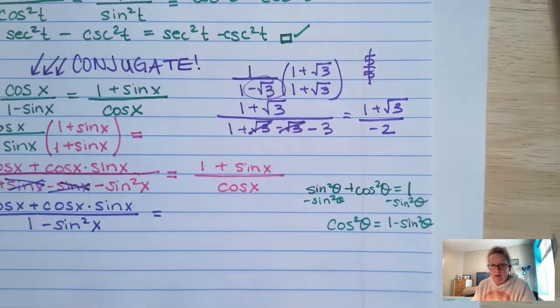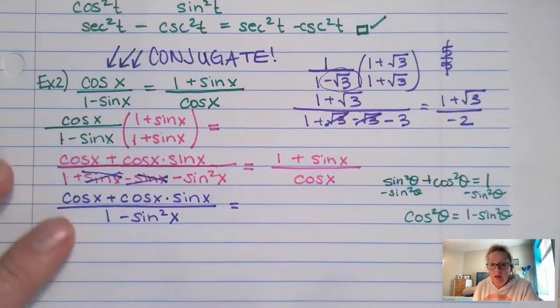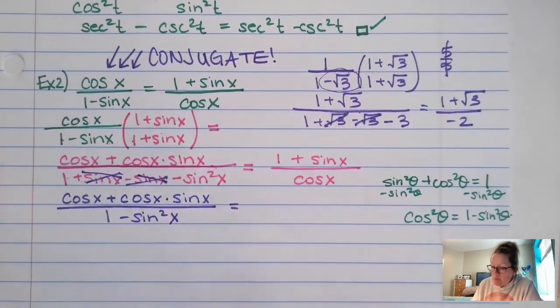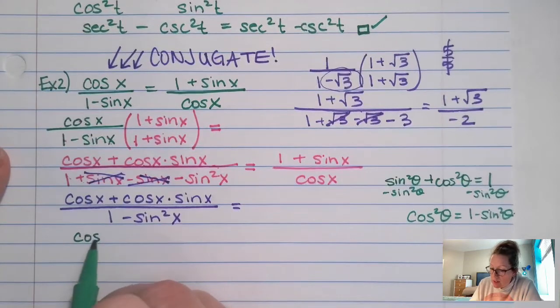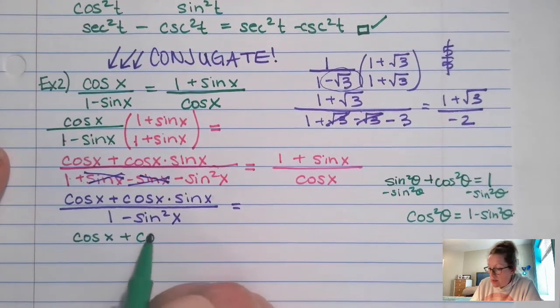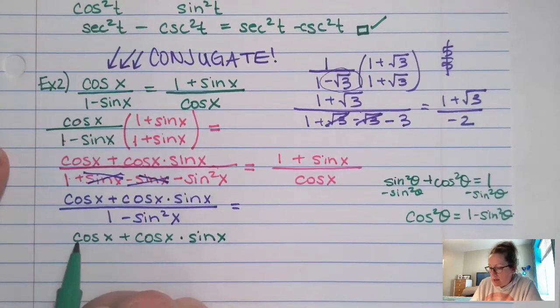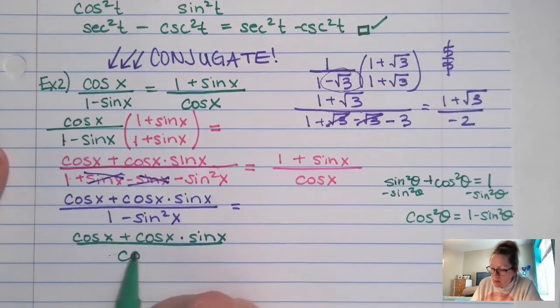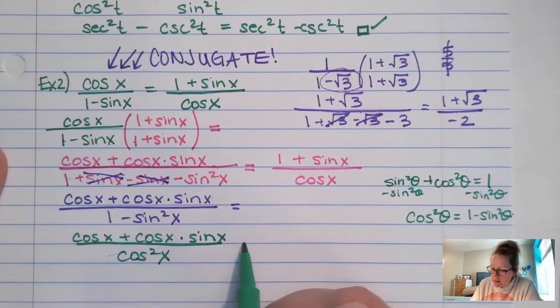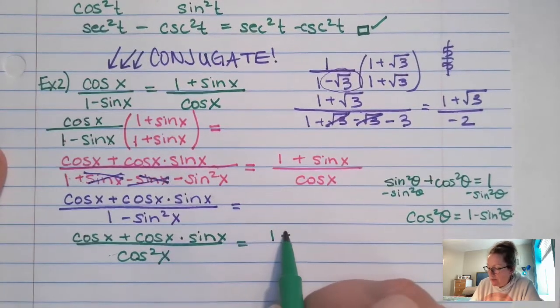That's what that little note means: we can manipulate the Pythagorean identities to get what we want. So we can rewrite that as cosine x plus cosine x times sine x, all over cosine squared x. Looks good.